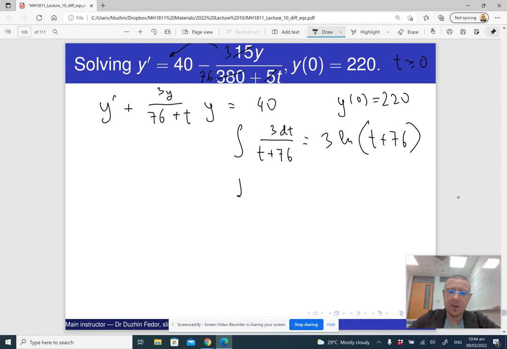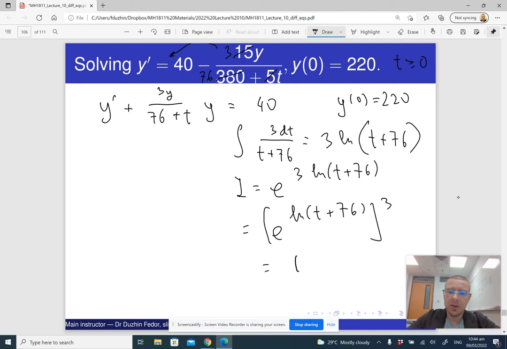All right, so the integrating factor is really e raised to this power 3 ln t plus 76, which is e raised to the power ln of t plus 76 cubed, which is t plus 76 cubed. Right, so this is the integrating factor. And we know that if we multiply our differential equation by the integrating factor, then the left-hand side becomes the derivative of the product of the unknown function and the integrating factor.